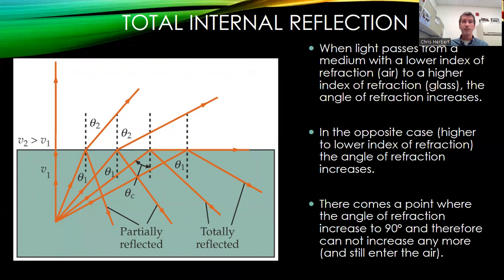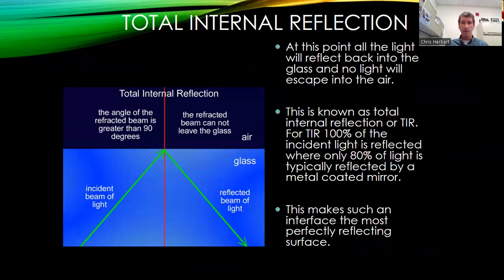So for instance, if I want to have some optical system where I don't lose any of the reflected beam, it says here 80% reflection for metallic mirrors. A good metallic mirror is going to be about 95%. But if I want that 100%, because with every reflection, I can lose energy.